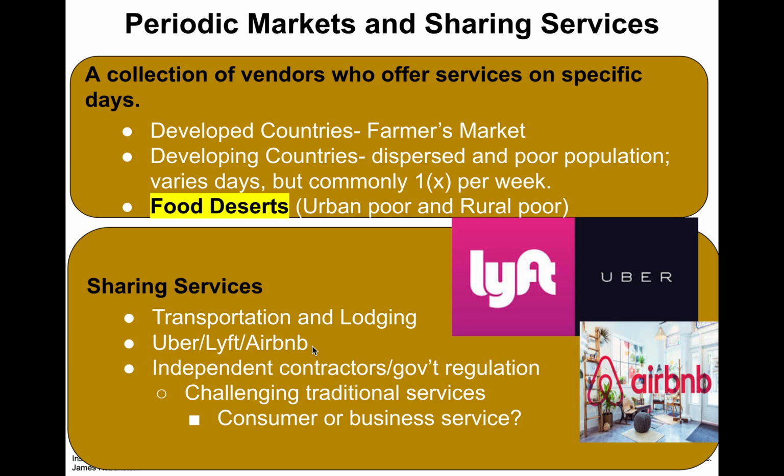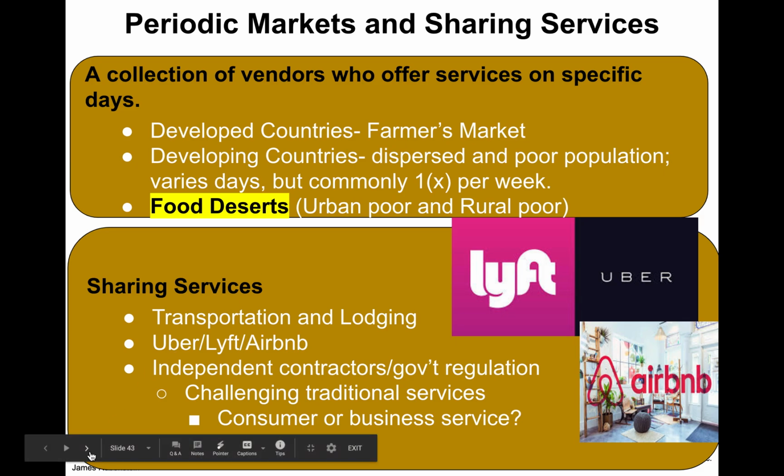The challenge comes about because Uber claims several million drivers are independent contractors. However, some government regulators insist that they are classified as employees because of the ride-sharing company's responsibility to screen, train, and insure them. So now you debate: is it a consumer service or a business service? It's up to you.